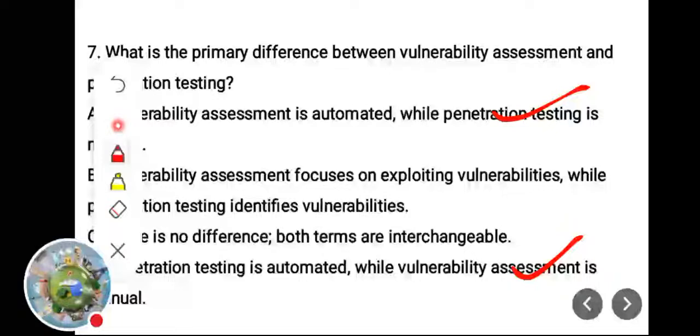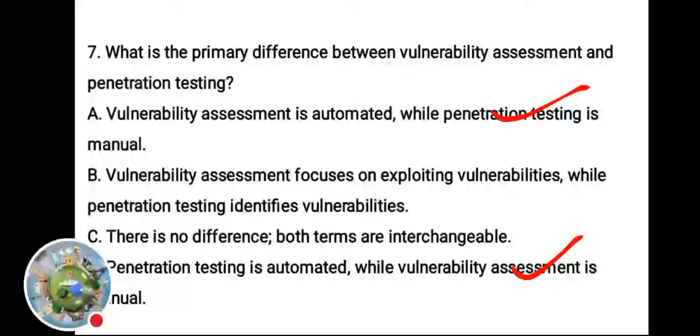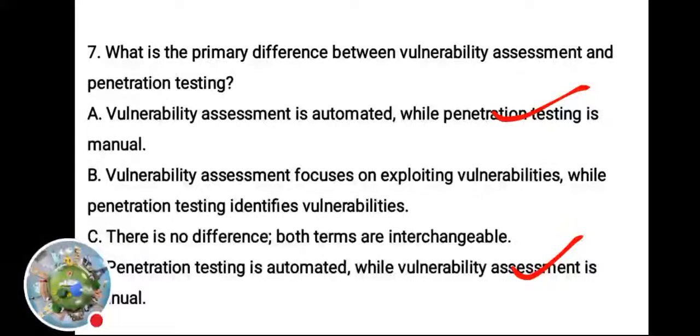So the answer is A, because vulnerability assessment is automated, penetration testing is manual. Why? When you are identifying the vulnerabilities, you cannot identify them by just seeing the application. You have to use certain applications, then only you can identify the vulnerabilities.